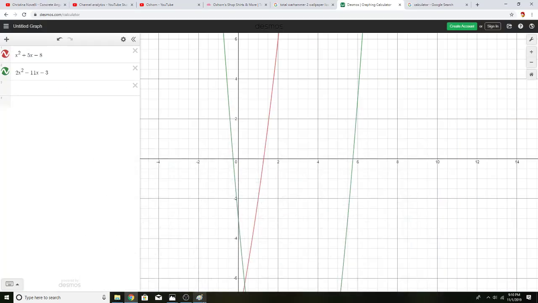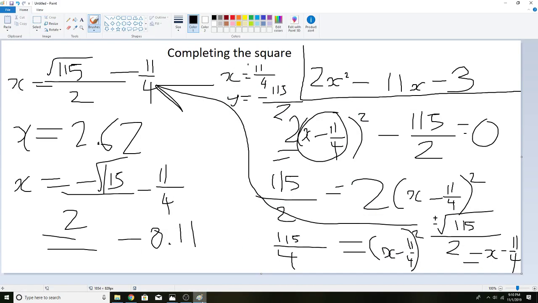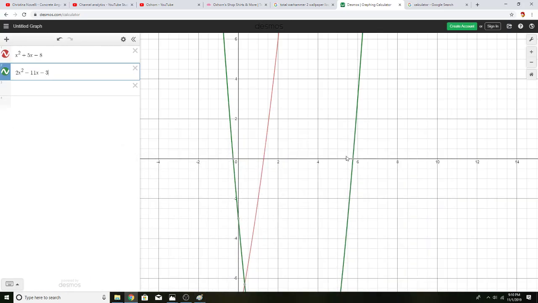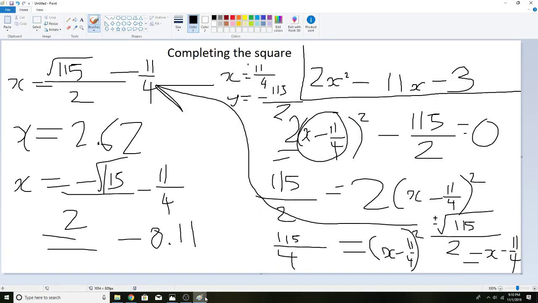Minus 8.11. Alright, I've done that wrong as well. Sorry about that, guys. I'll check this and get it sorted, and I'll put a little description at the bottom to tell what I did wrong.